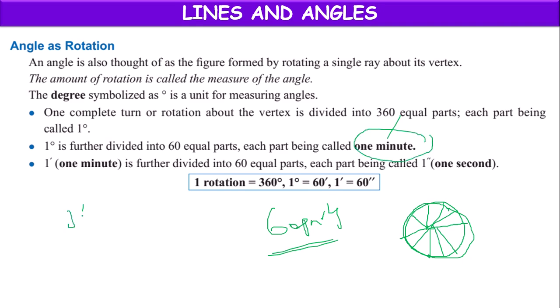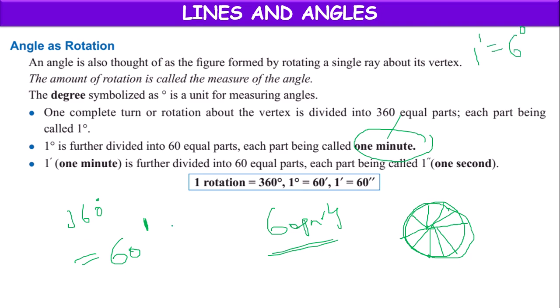So we have 360 degrees divided into 60 parts, which is equal to 60 minutes, and each minute equals 6 degrees.